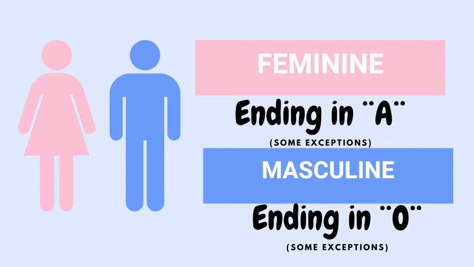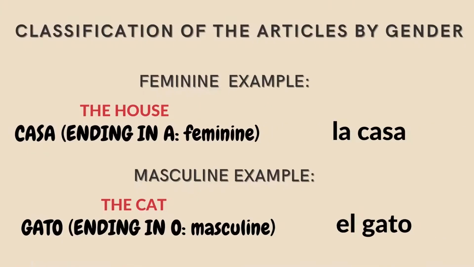For example, we have house, which is a noun in English, and the meaning in Spanish is casa. So it's a feminine noun. We would say la casa. And we have cat in English, in Spanish is gato. Is a masculine noun. We will say el gato. Of course, we are talking about singular. La casa and el gato are singular.